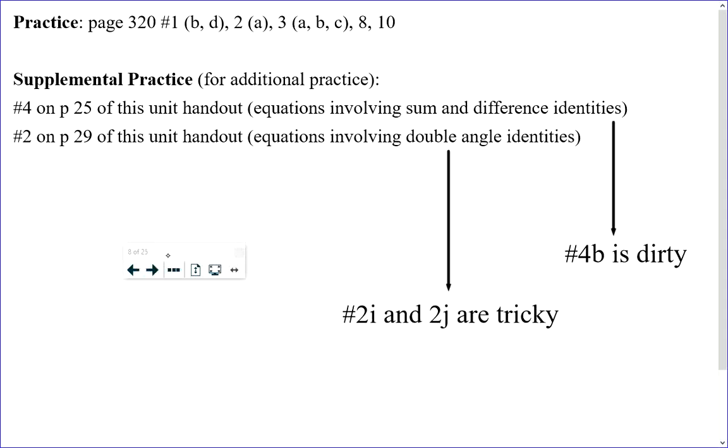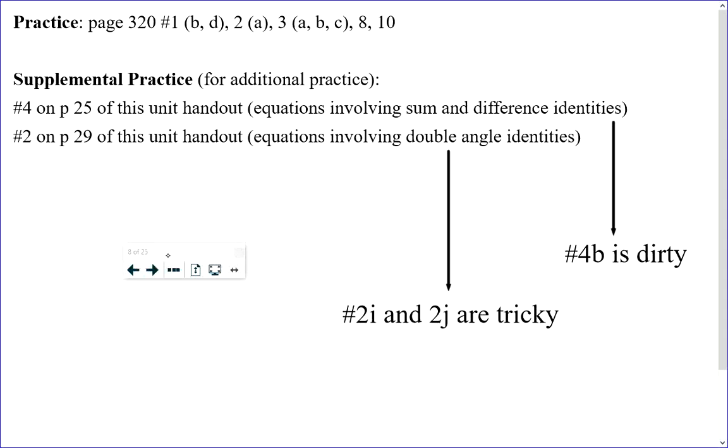So there are some textbook questions. On page 25, there are some equations that would involve you using the sum and difference identities. And number 4b is, I call it dirty. I think it's a great question, but I think it's such a trick question that on an exam nobody would get it. If you want to challenge yourself, that's great.